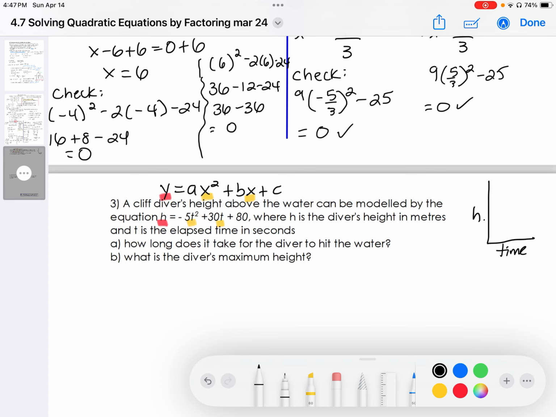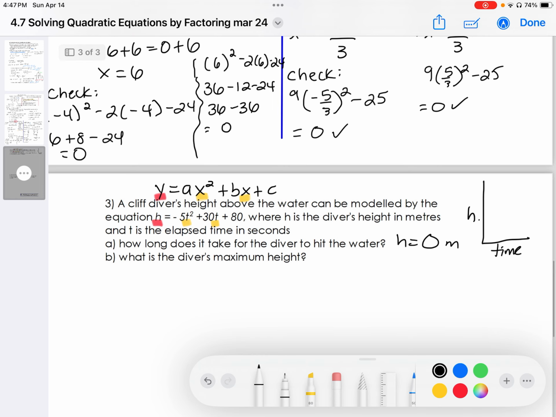So if it hits the ground, or hits the water in this case, the height is going to be 0 meters. And you can't have negative. We are assuming the diver, this human being, is not going to drill itself through the ground, right? That's not a thing.